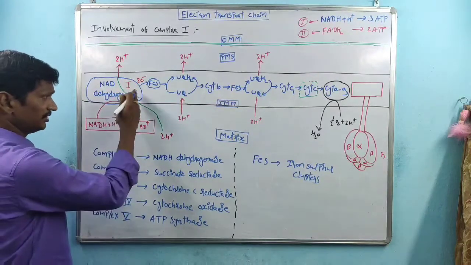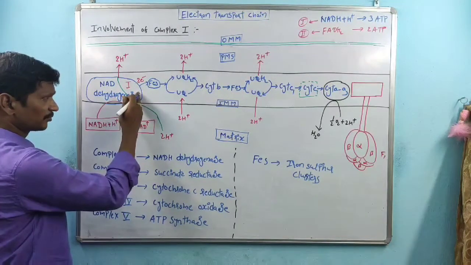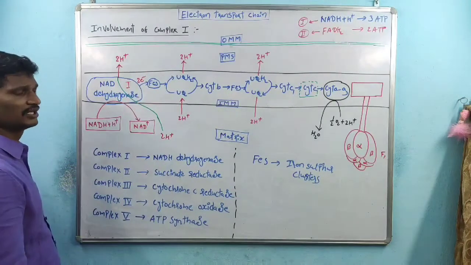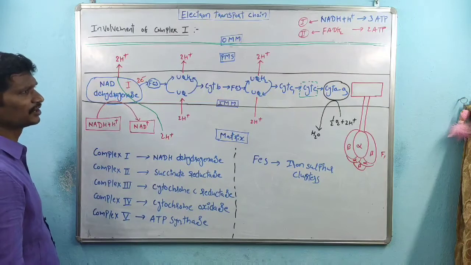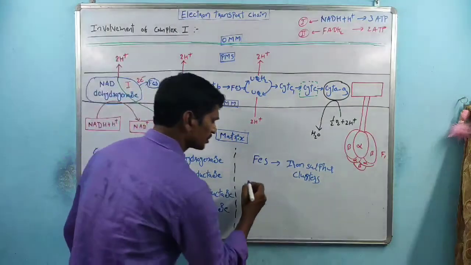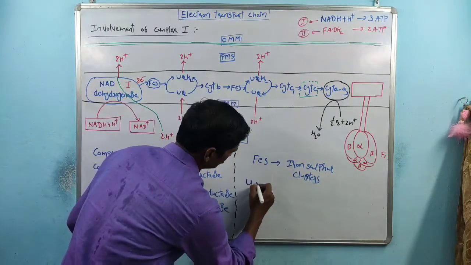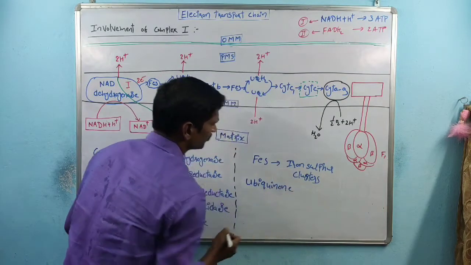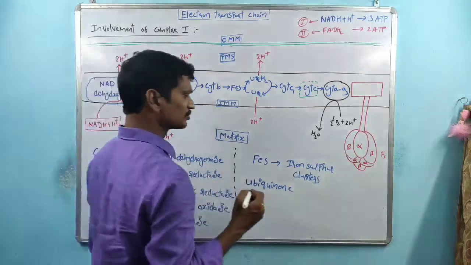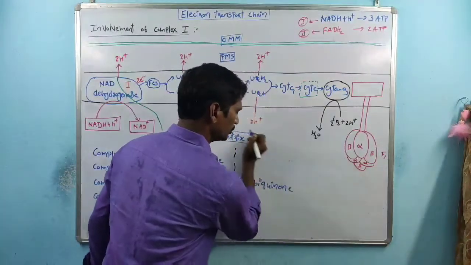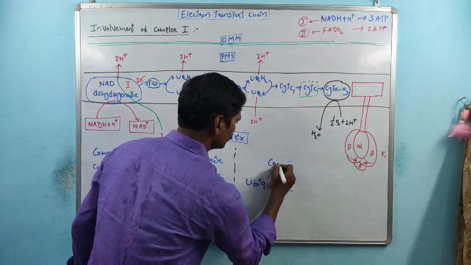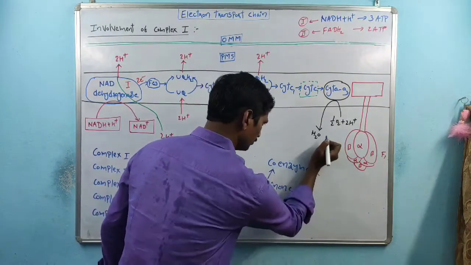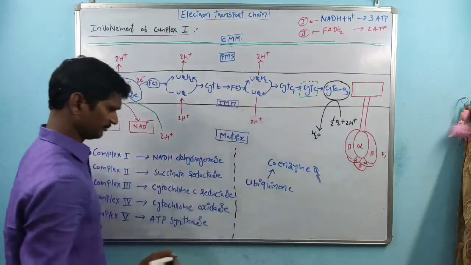The electrons are transported from complex 1 to the iron sulfur clusters, and the iron sulfur clusters transport the electrons to ubiquinone. Last class we also discussed ubiquinone. Ubiquinone is also called coenzyme Q, right?